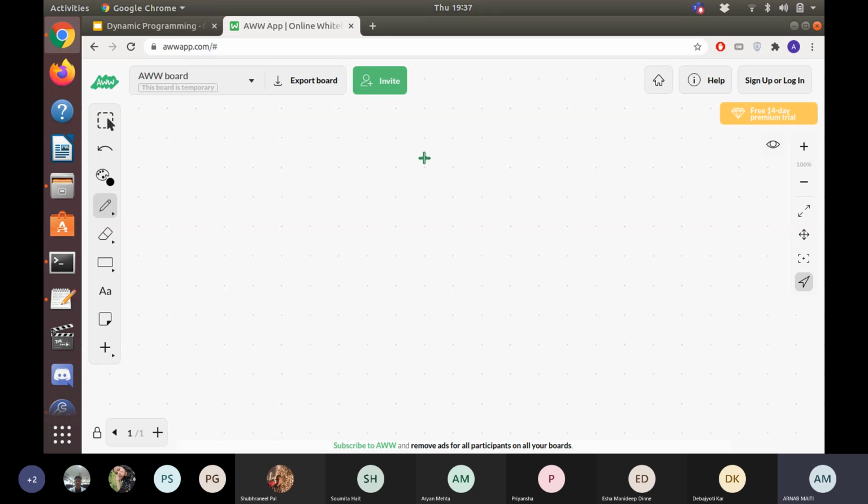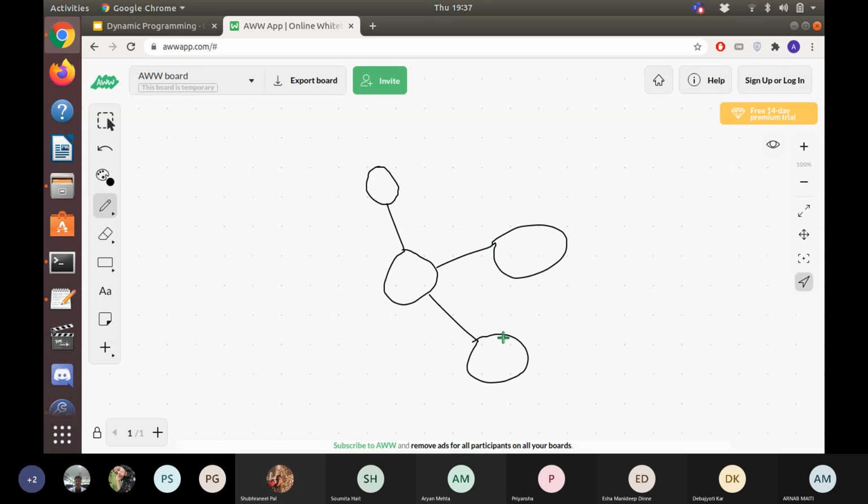So what we have? Suppose we have a graph. We have to color the vertices of this graph.